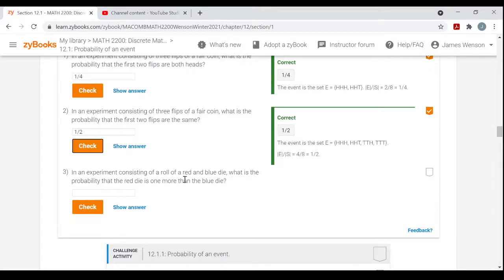And this is the rolling the red and blue die. Remember, there were 36 possible outcomes that were equally likely. Again, if the die were fair, 36 equally likely outcomes, a uniform distribution. And I'll leave this one to you.